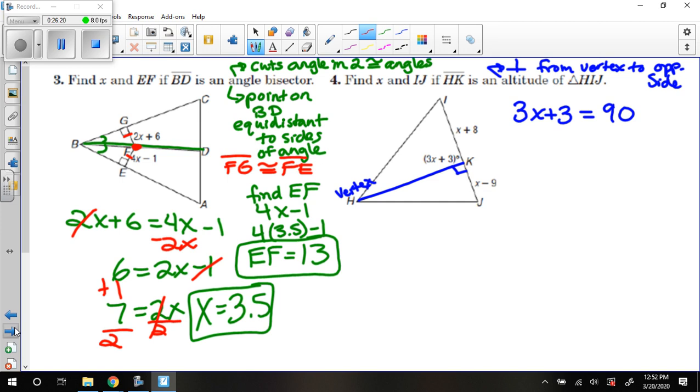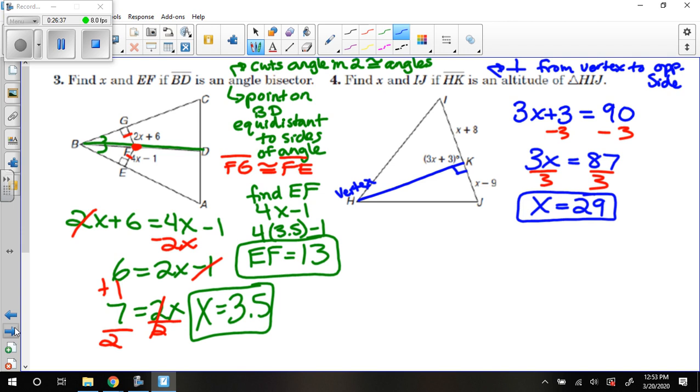To solve this, we can subtract the 3. We've got 3x equals 87, and divide by 3, you get x is 29.